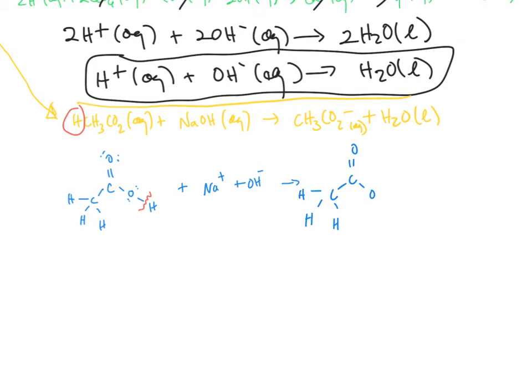So the hydrogen is gone, and the extra electron remains. So that's negative. And then this hydrogen comes off as H plus and connects with the hydroxide. So you get water, liquid water here.